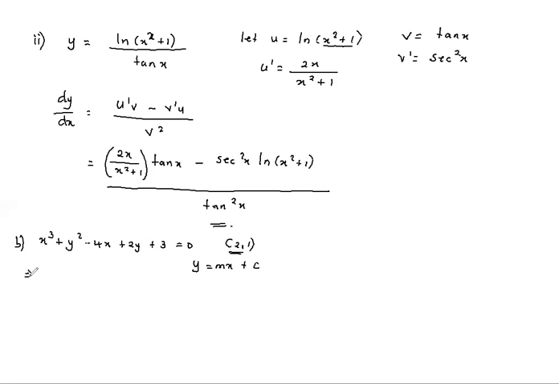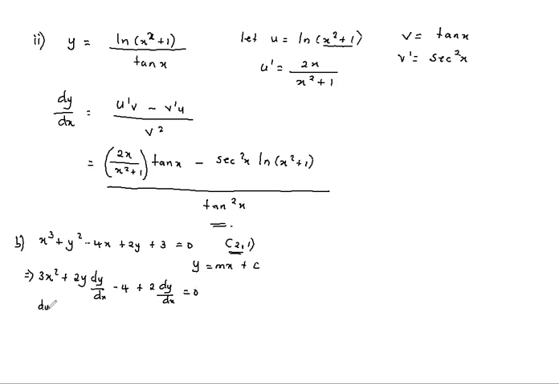So we differentiate our curve, we'll get 3x squared. The derivative of y squared with respect to itself will be 2y, but because y is a function of x, we have dy/dx, minus 4, plus the derivative of 2y is 2. Because we have differentiated y, we get dy/dx, equal to 0.